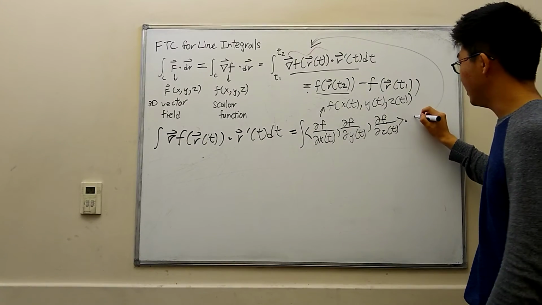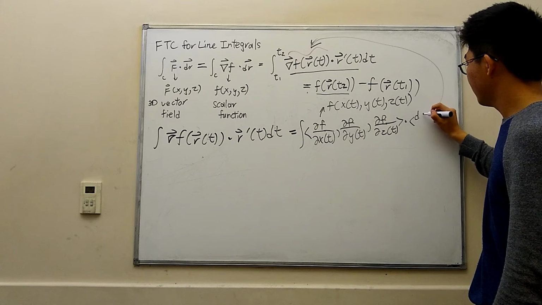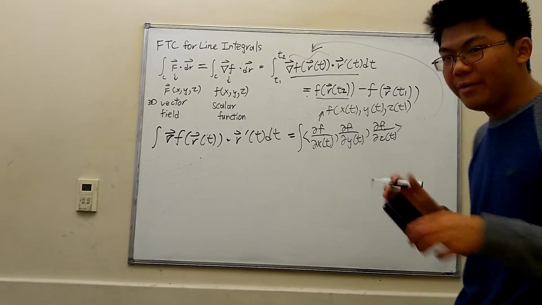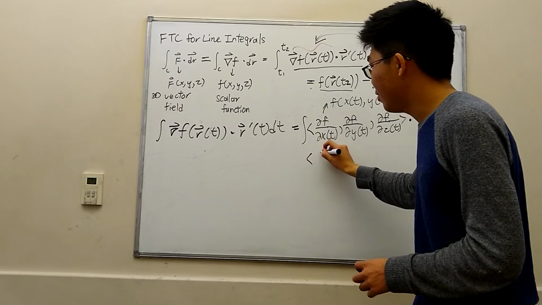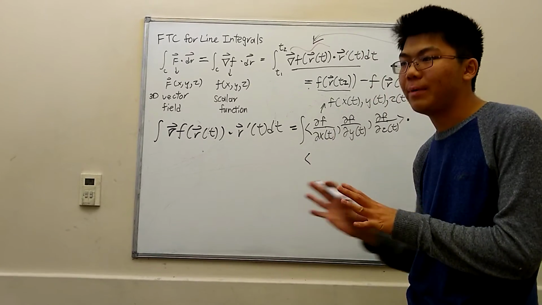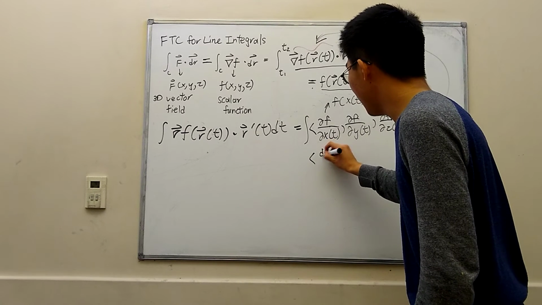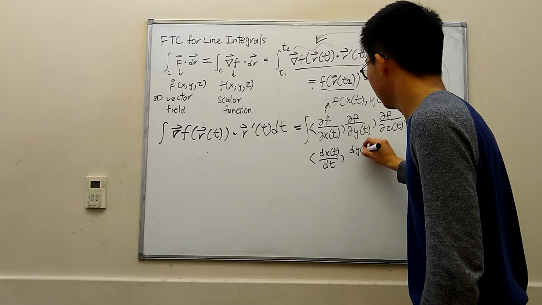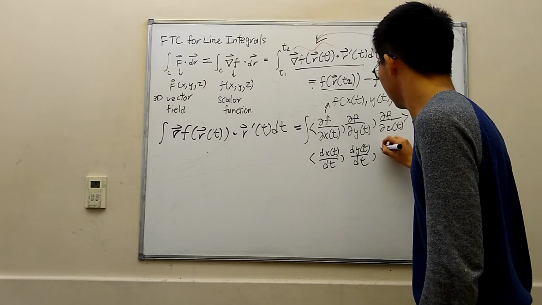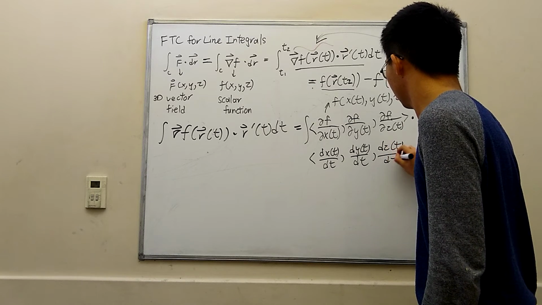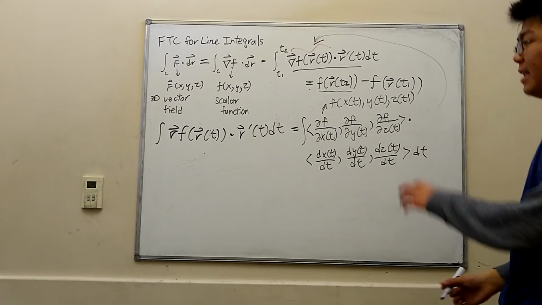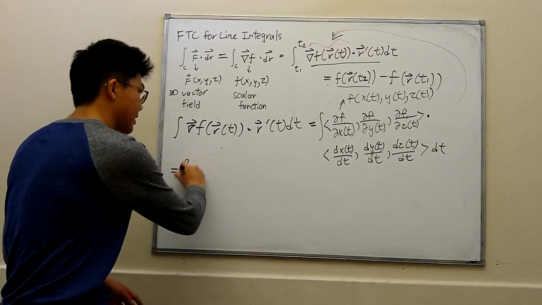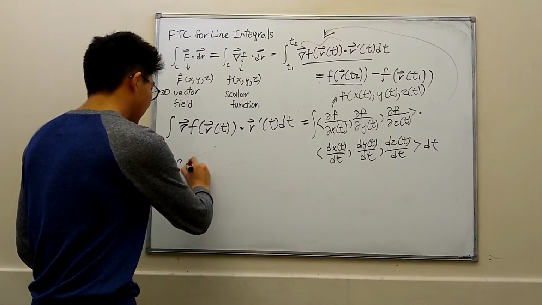And then when we do r prime of t, we basically have the derivatives of x, y, and z parameterized by whatever function of t there is. So now it would be this. Now, when we take the dot product, what this is going to turn to is this. So, this is what we have here.